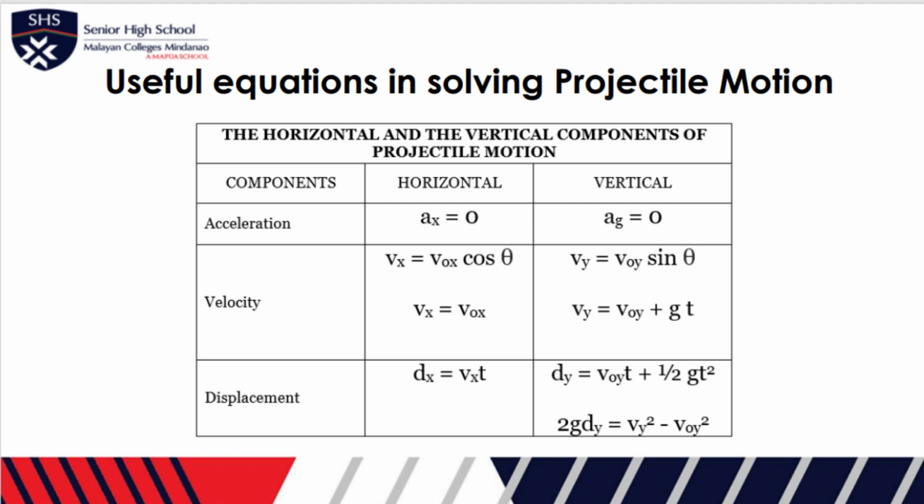Also, you may use this equation: 2 times the gravity multiplied by the total displacement in y-axis is equal to the final velocity in y-axis squared minus the initial velocity in y-axis squared. So please do not forget all of these equations, as they will become very useful in solving projectile motion. I believe you're now ready to solve projectile motion.